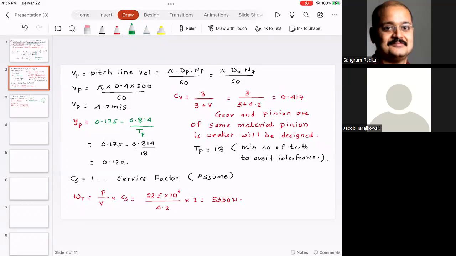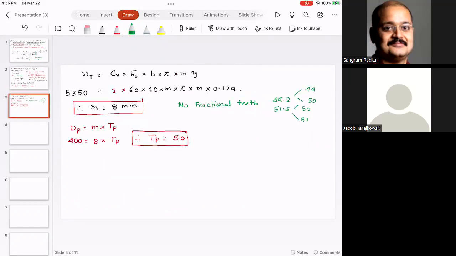Nobody has stopped us going above the minimum number of teeth. Does that make sense? Could you also get the module from slide 1? Yes, it will work. See, now you know how to play with design. So that's totally fine.